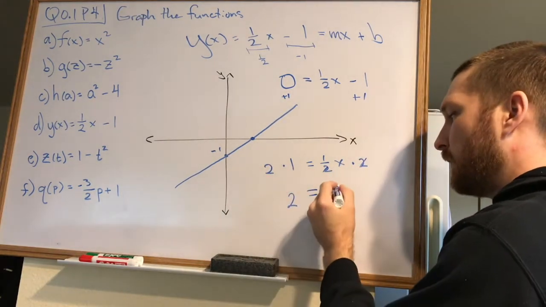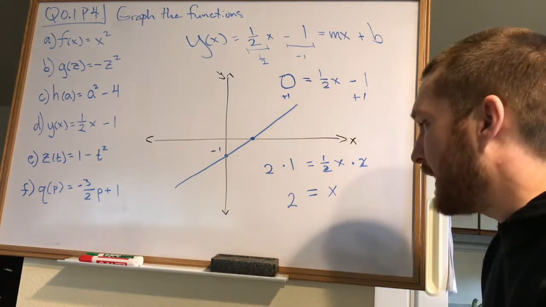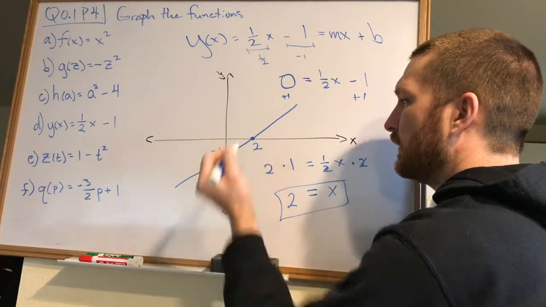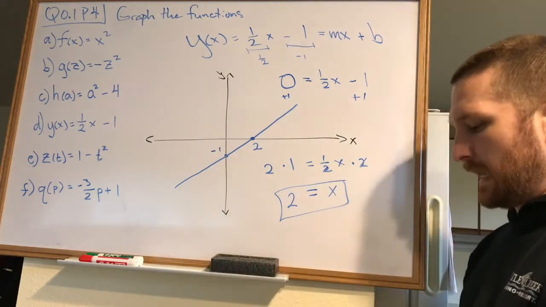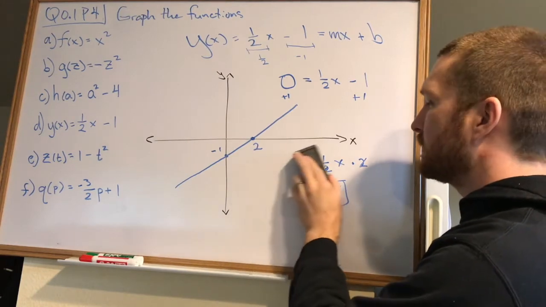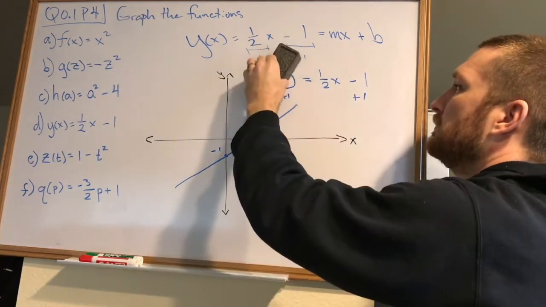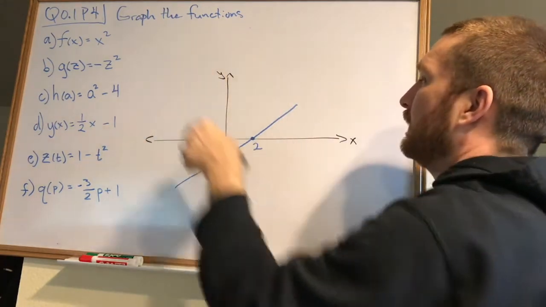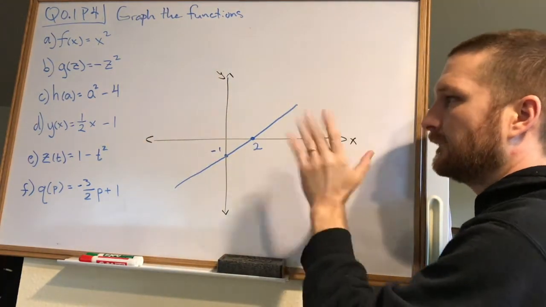That's why I did it that way. X times 1 is just an x, and so x equals 2 right here. And there's your picture. That's what I'm looking for. I don't care that that slope doesn't really look like a 1/2. It's qualitatively accurate, and so we're done.